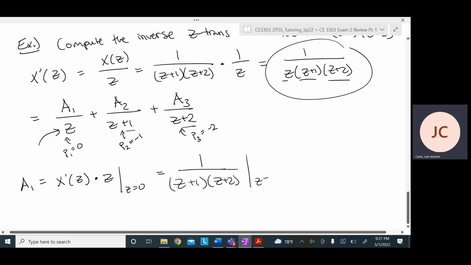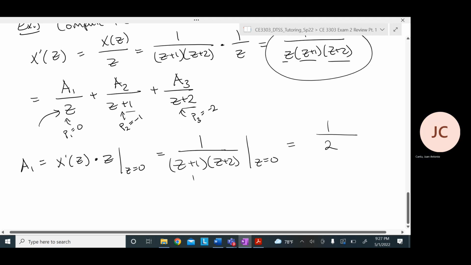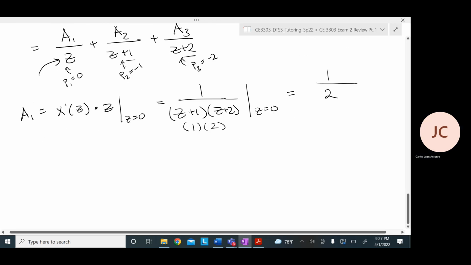And we evaluate that at z is equal to 0. So what does that leave us with? That just leaves us with 1 over 1 times 2, which is just 1/2. Because then we get 1 right here, 0 plus 1, and then 0 plus 2, we get 2, and we got 1/2.